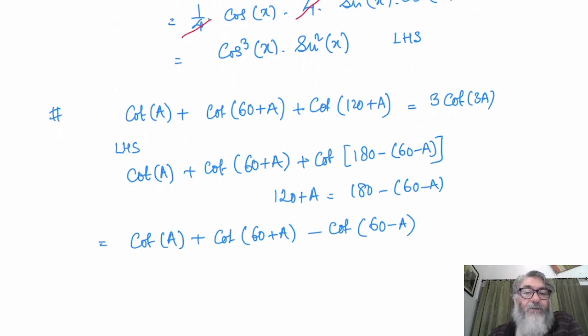Now you see, cot (60 plus A) and cot (60 minus A) are a similar kind of thing. We are going to apply the formulas for cot (A plus B) and cot (A minus B), which will become (cot A cot B minus 1) upon (cot B plus cot A). Let me write it separately.